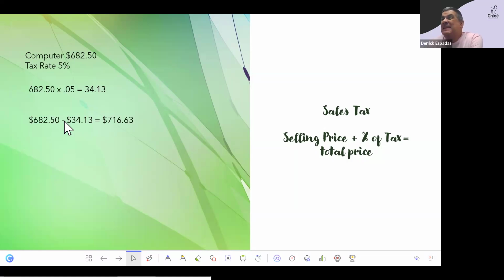This is actually plus 34.13. This slide is not correct. I made the slides. Plus 34.13, that's going to give us 716.63. That's how much we actually have to pay the store. Please be a correct slide. No, we're done. I'm getting out of this.